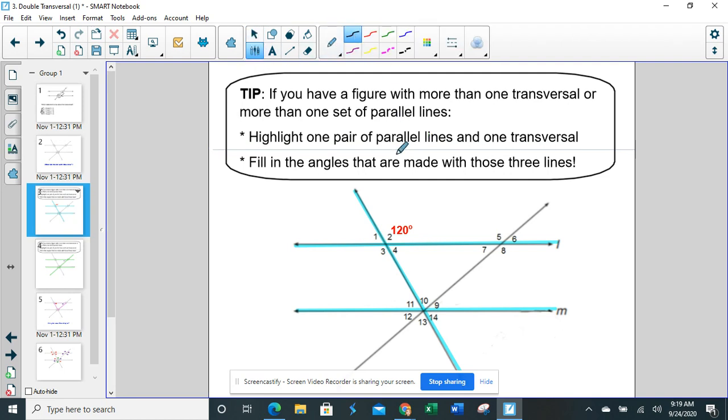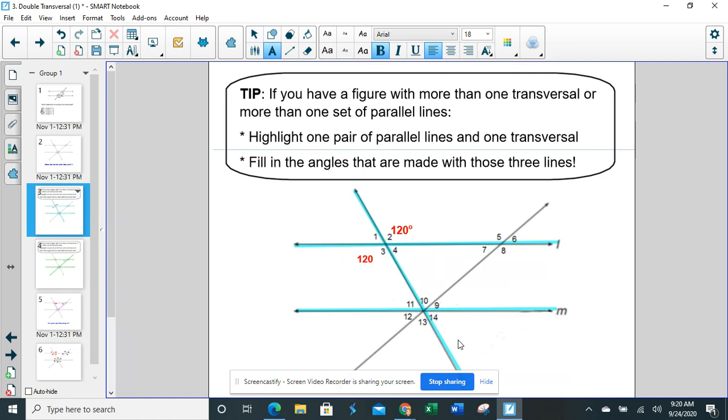All right, so let's take a look here. I'm going to handle all the vertical angles first. So I've got 120 here and 3 is going to be vertical, so I'm going to have another 120-degree angle.